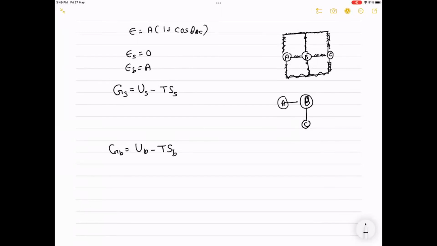So how many different configurations are possible for this given problem? How many configurations do we have for the straight state? What is the value of W for the straight macroscopic state? Anyone?